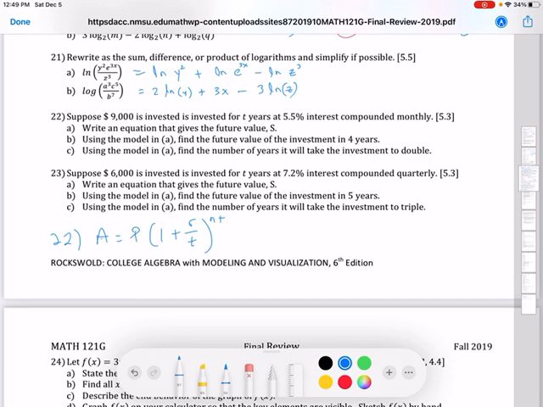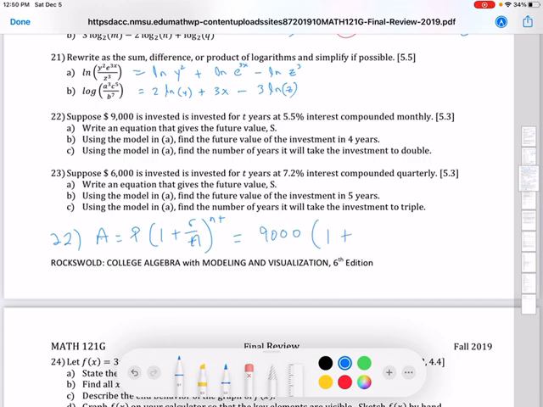Okay, so the compound interest formula, correct? You should know this formula. You should have it somewhere written down. Make sure you study it. If we're going to do an investment, buy a car, buy a house, put money away, we use this formula here. So your principal is the $9,000.